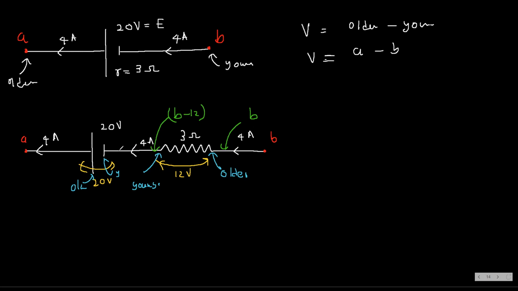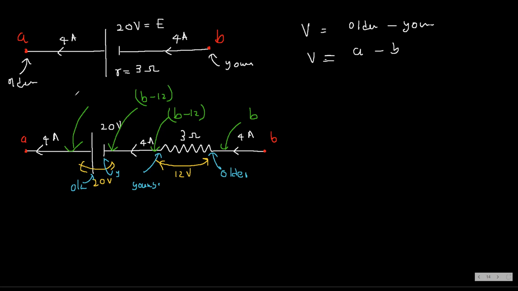Then after that, is this one the younger one or the older one, Sobana? Younger one. Younger one's age is B minus 12. The age difference between the younger and older one is 20 volt. Then what is the older one's age? 20 minus B minus 12? B minus 20? Is it correct? The younger one's age is B minus 12, and the age difference is 20 volt.